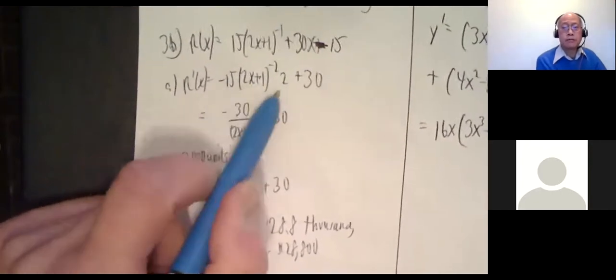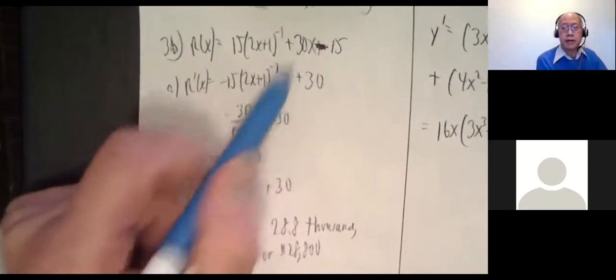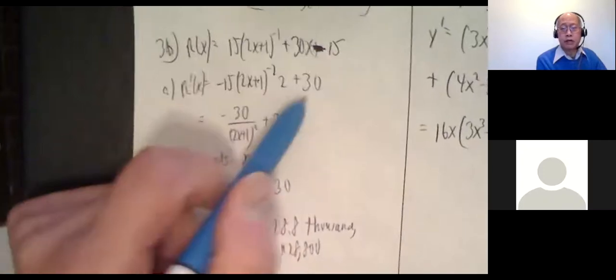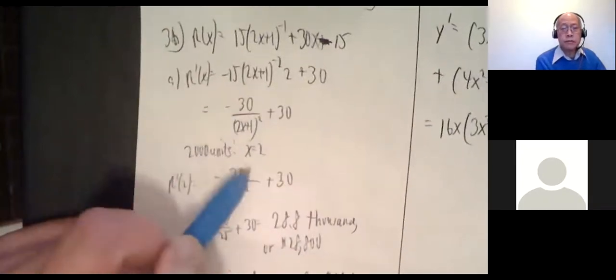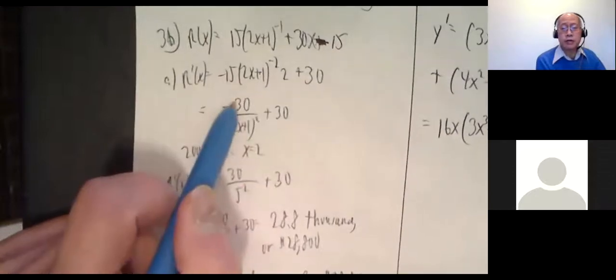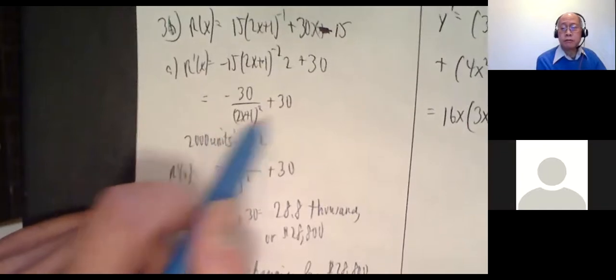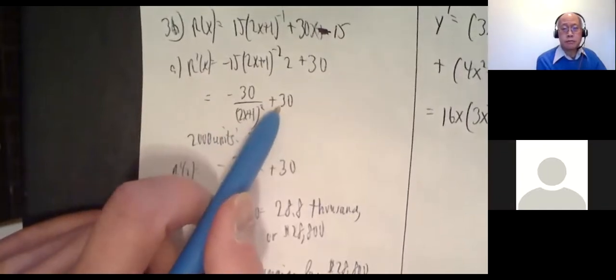Derivative of 2x plus 1 is 2. Plus derivative of 30x is 30. Derivative of negative 15 is 0. Okay, clean this up. Negative 15 times 2 is negative 30 divided by (2x plus 1) squared, plus 30.